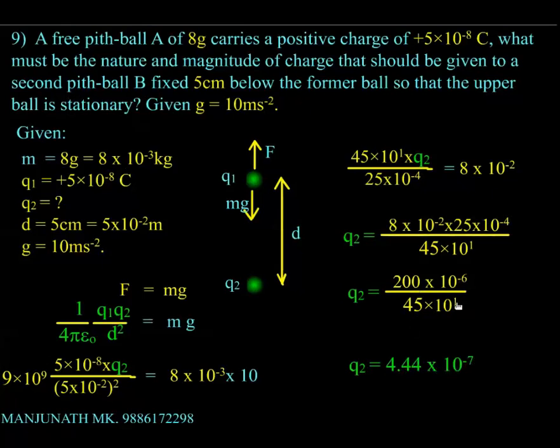If this plus 1 comes to the numerator, it becomes minus. Minus 6 minus 1 is minus 7. So this must be the charge on this one, and it should be positive, because in order to repel this positive charge, it has to be positive. So its unit is coulomb. So this is problem number 9.